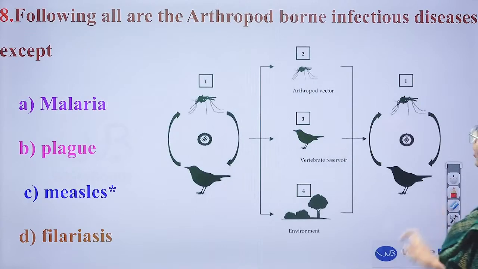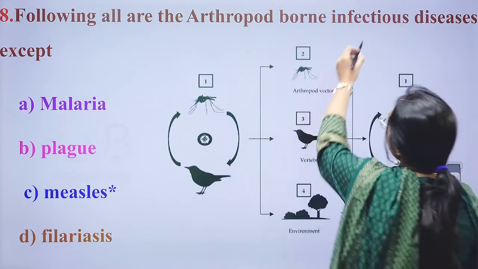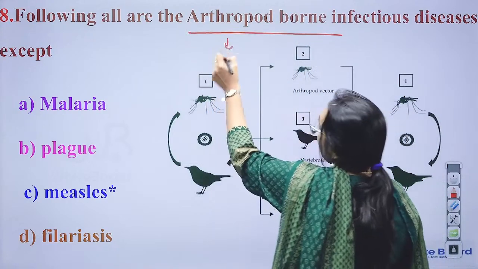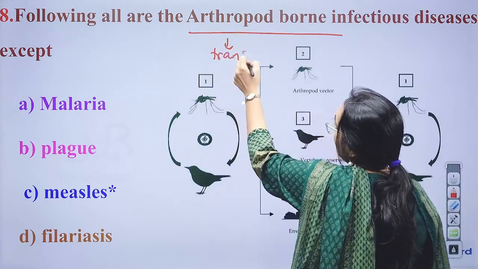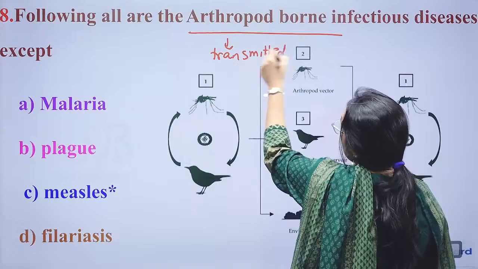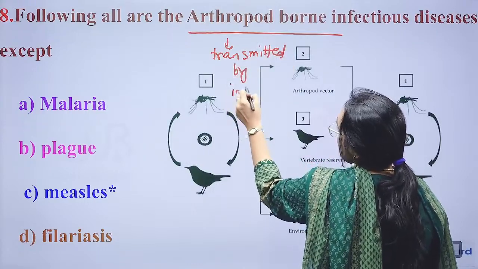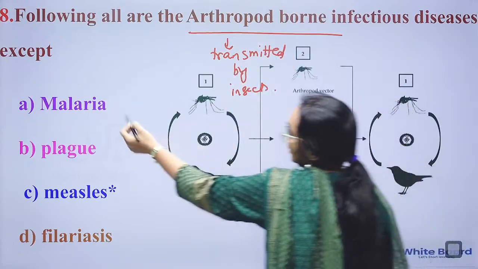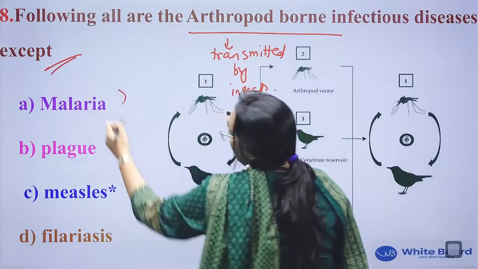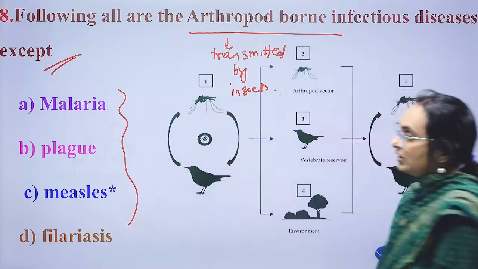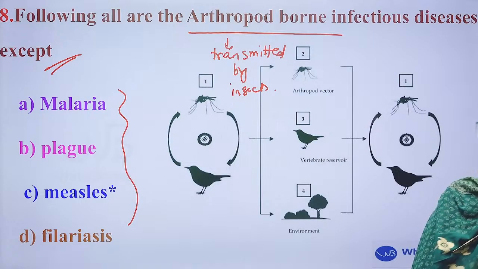The following are arthropod-borne infections, except. Arthropod-borne infections means infections that are transmitted by insects or arthropods. Which of the following diseases is not transmitted by insects?